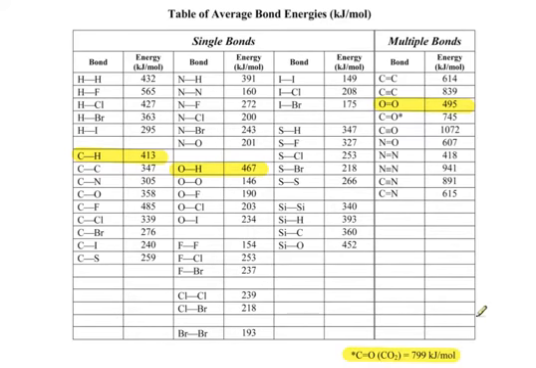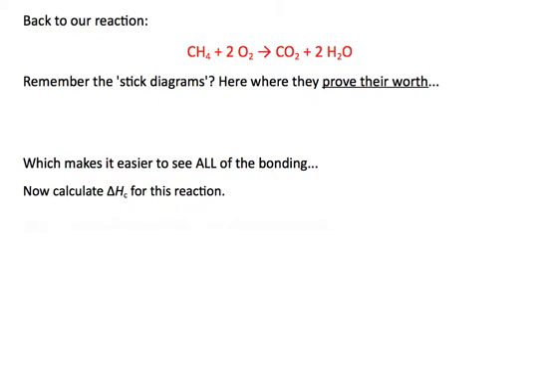C double bond O in CO2 is actually a more stable bond than a C double bond O in some other molecule, like an aldehyde or a ketone, so you do have to be aware of that. And then we have all these different multiple bonds that usually come up on the organic side of things. Anyways, let's start applying this process.